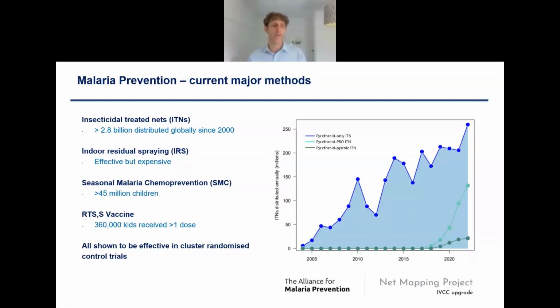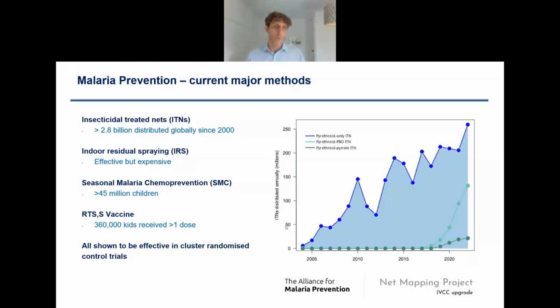We know that over 2.5 billion have been distributed since 2000, and last year, over 250 million were given out. The majority of these nets over this period have been pyrethroid-only ITNs, so they have just one class of insecticide on them, the pyrethroids. We are starting to see some other types of nets being distributed, and I'll talk a bit about those later.